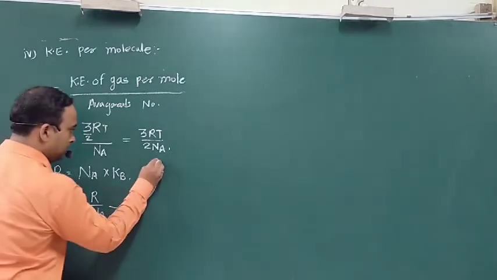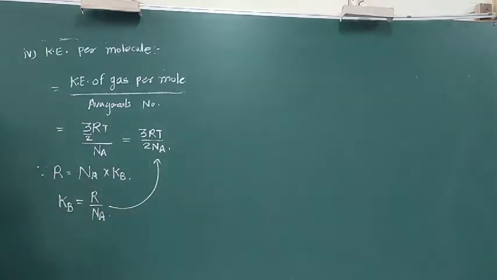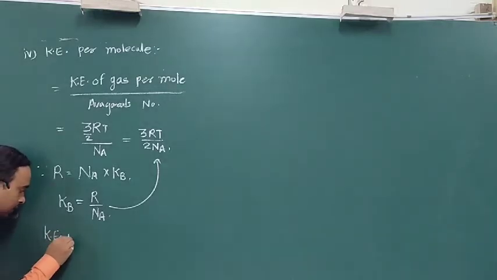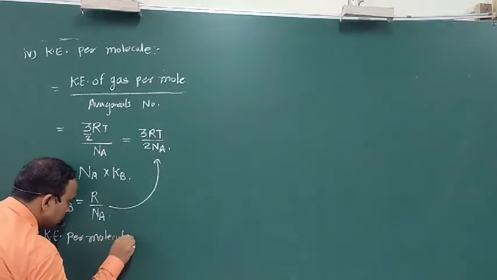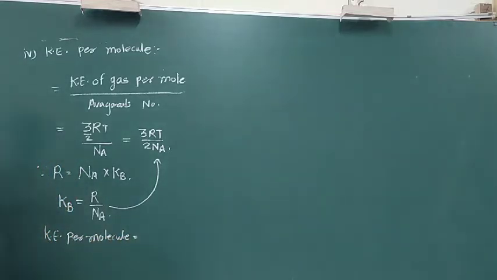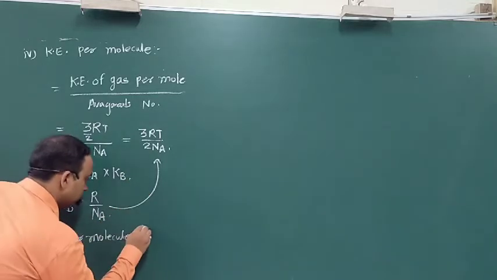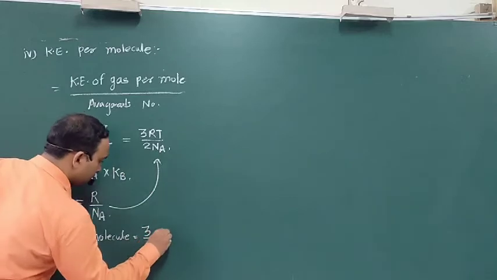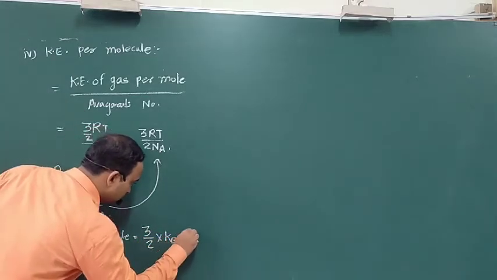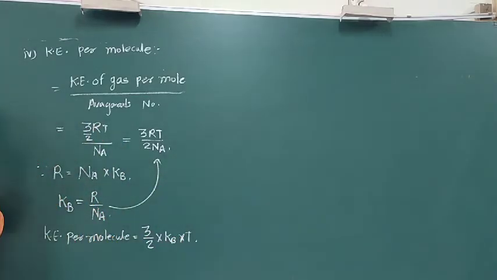Substituting in this equation, we get the kinetic energy per molecule as 3 by 2 Kb T, where Kb is the Boltzmann constant, into temperature.